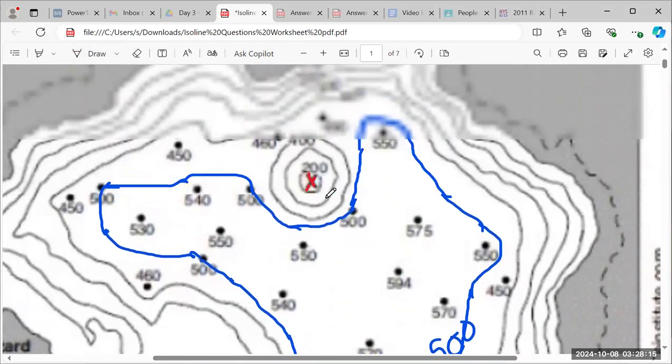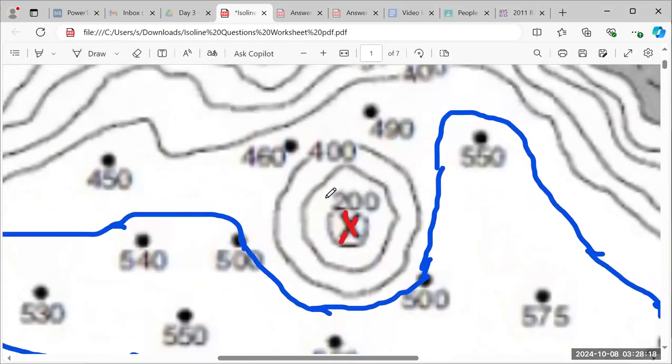So when I zoom in and I see that 400 is here, I know this next line is 300, right? And the next iso line that they give us is 200. So if there was another iso line inside of here, wouldn't it be 100?